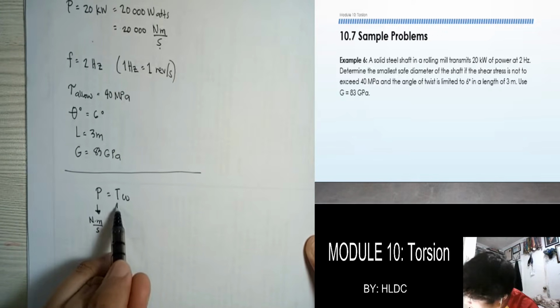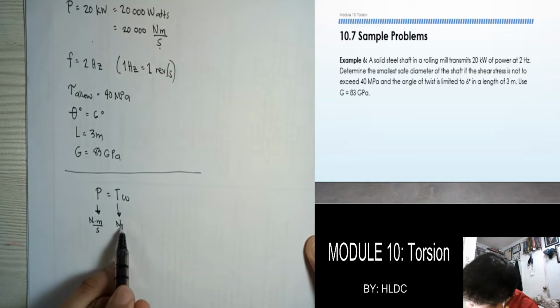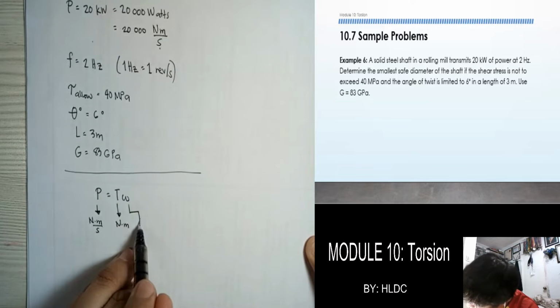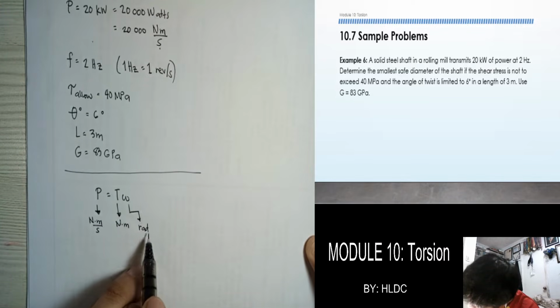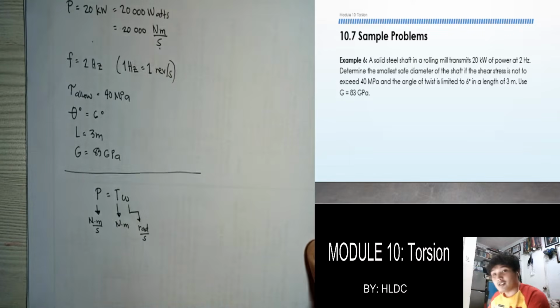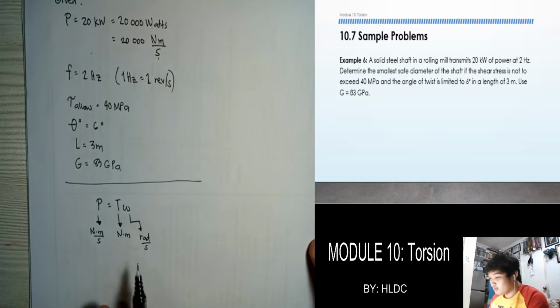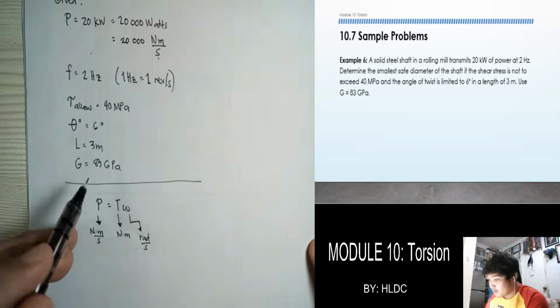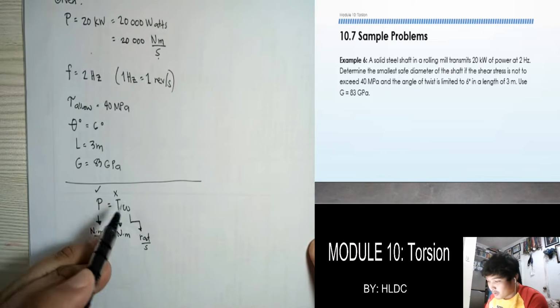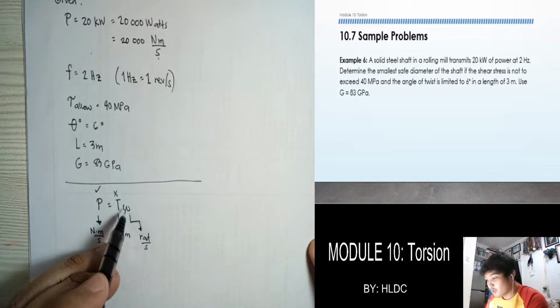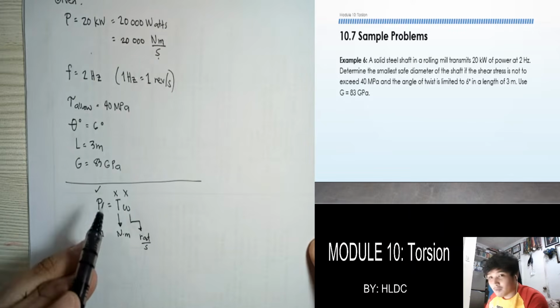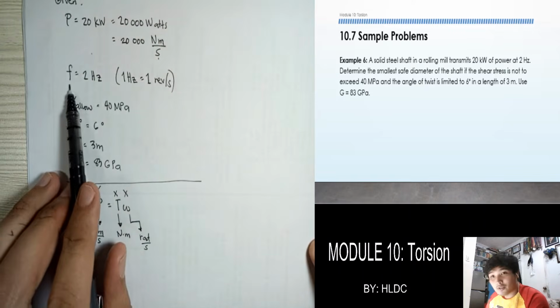So, kung Newton meter per second siya, dapat ito naka Newton meter and then ito naka radian per second. Okay? So, meron tayong power. Hinahanap ang torque. Ito, meron ba tayo nito, class, yung omega? Wala pa, di ba? Pero, class, meron tayong frequency.